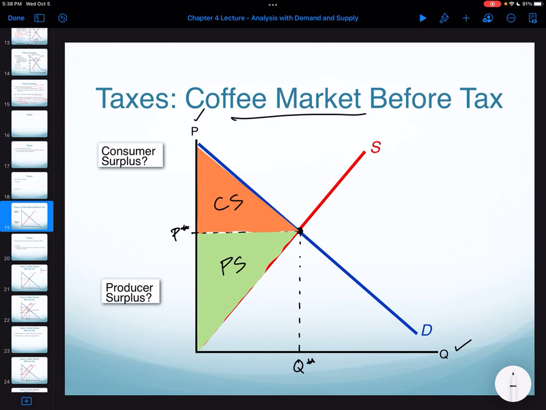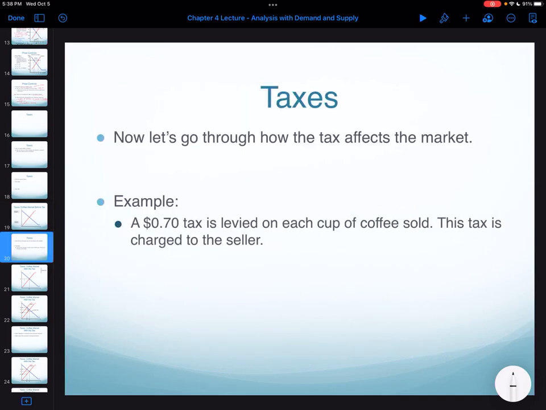Now, I'm going through these areas because what's going to happen is we're going to have a tax implemented, and that's going to change everything. Consumer surplus is going to change, producer surplus is going to change, and we can go through and see how this change happens. Okay, so let's go through how a tax is going to affect this market.